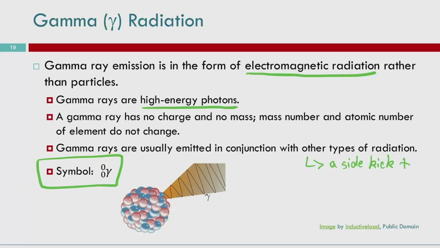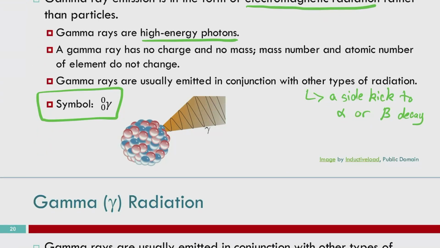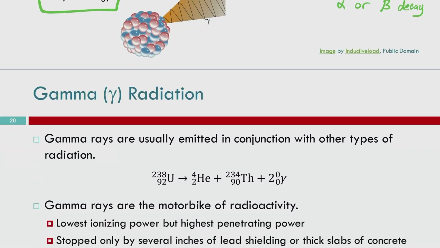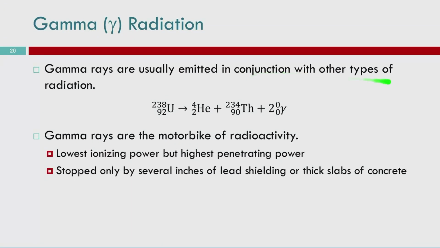So a sidekick to alpha or beta decay, for example. Not always, but sometimes. And since there's no change, or it's in conjunction with other types of radiation, we don't have an example to do for this one.